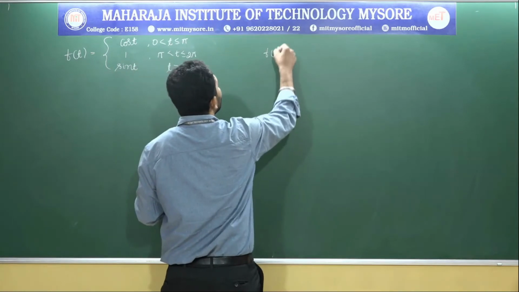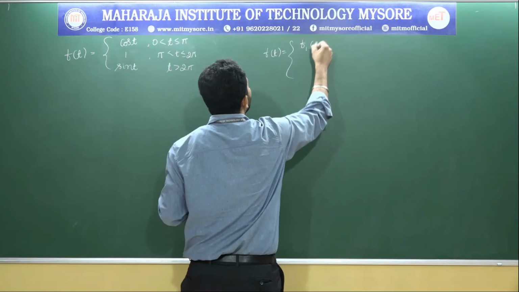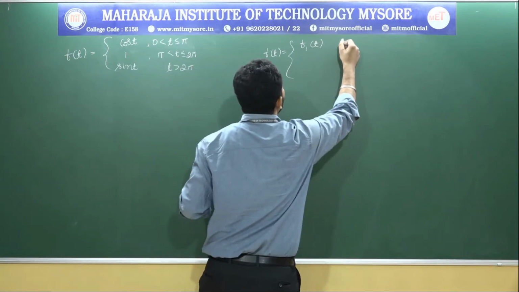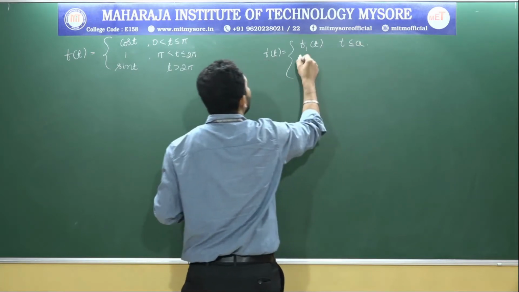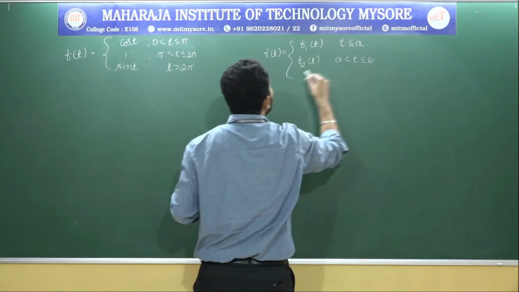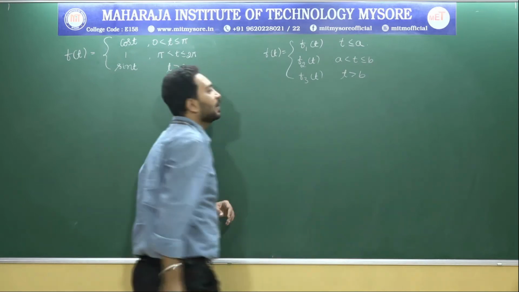So important note, what is f of t? f of t equals f1 of t for t less than or equal to a, f2 of t for a less than t less than or equal to b, and f3 of t for t greater than b.